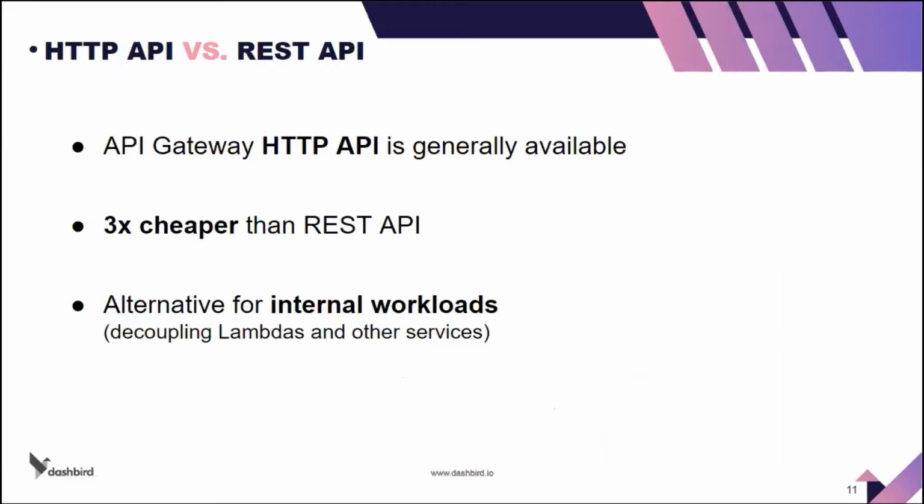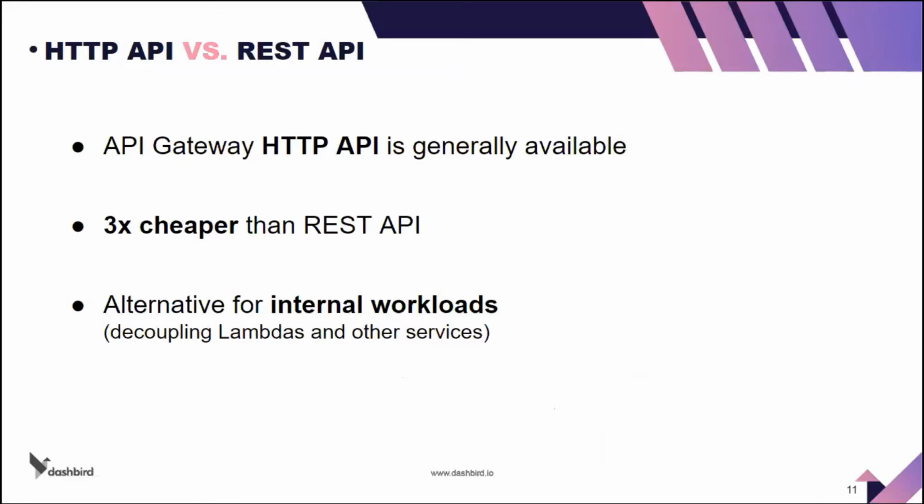And if we do need to stay with API gateways for whatever reason, let's say ALB is not really a good solution for us, maybe there's a feature that's missing there and we need the API gateway one, maybe the HTTP API could be a good solution, especially for internal workloads.